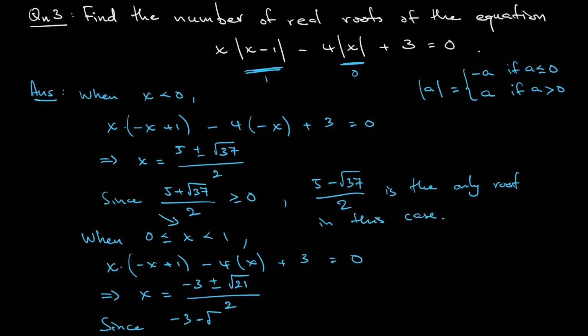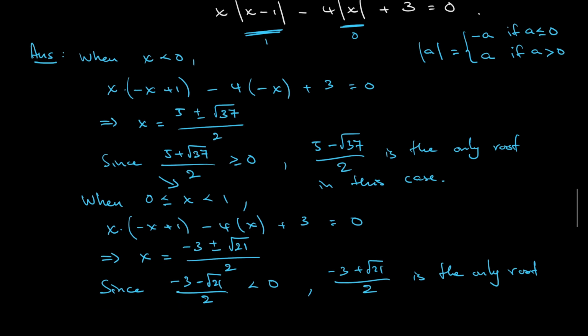Negative 3 minus the square root does not fall into the range, it is in fact smaller than 0, and only the plus falls in between 0 and 1. So negative 3 plus this value falls within 0 and 1. So here is the only root in this case.